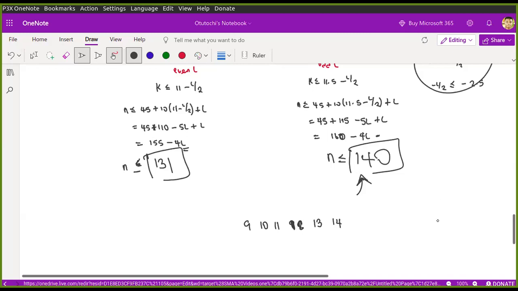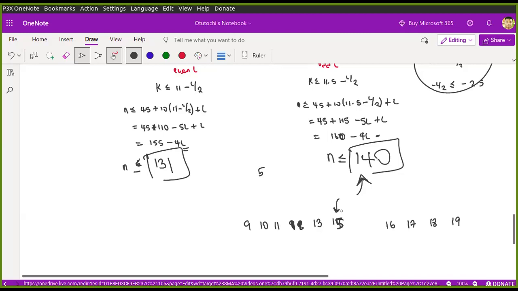And from the other side, we have 9 plus 10, which is 19, 9 plus 9, 18, 9 plus 8, 17, and 9 plus 7, 16. And of course, L is 5, so you just add 1 to this guy, and that's going to give us 15. So this is the distribution that from our calculations should give us the maximum.